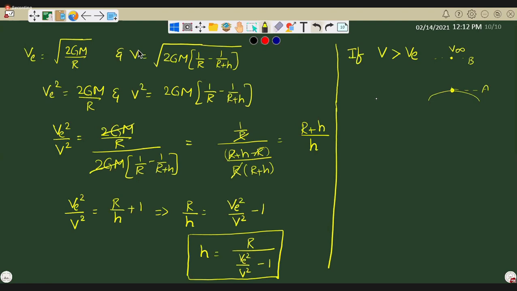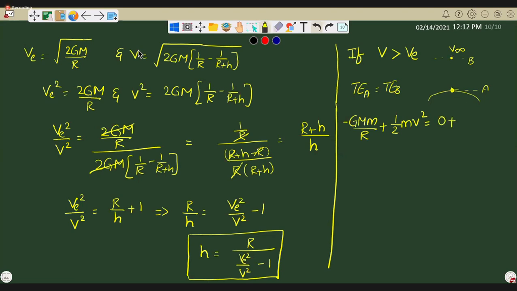Understood? Yes, sir. So first take your total energy again. Total energy at A is equal to minus G capital M small m divided by R plus half mv square. What is your potential energy beyond B? 0.